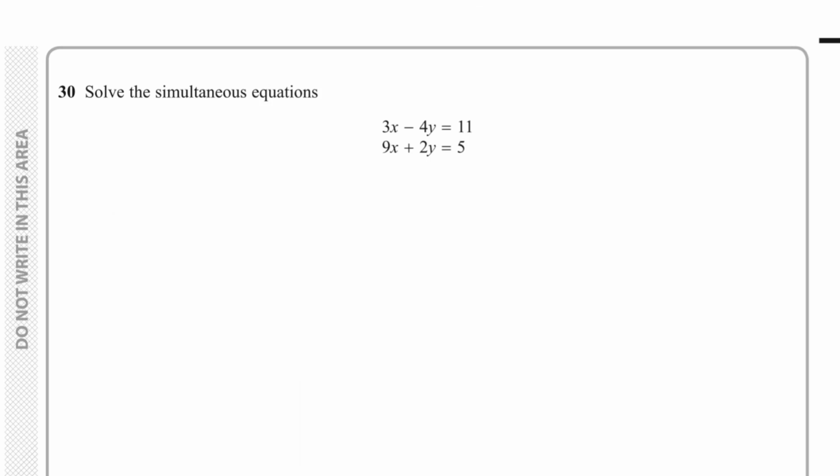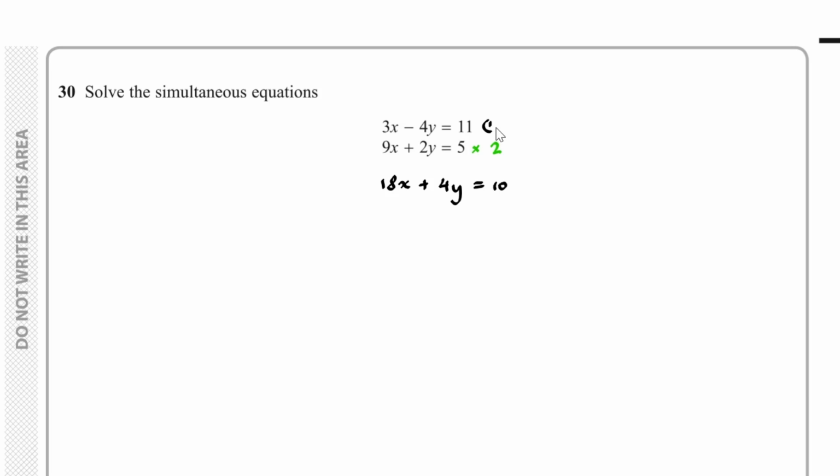Question 30, we have to solve the simultaneous equations 3x minus 4y equals 11 with 9x plus 2y equals 5. So to do this question, if we get the number in front of the y the same, we can then add the equations together. So if I multiply this equation by 2, we end up with 18x plus 4y equals 10.